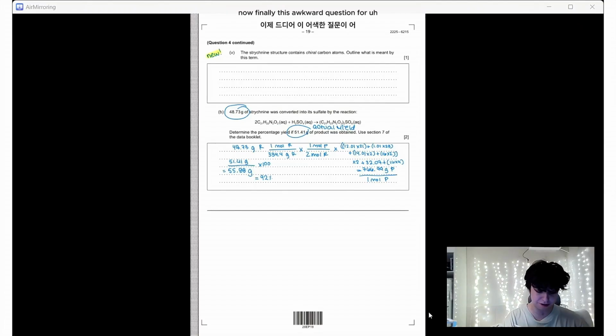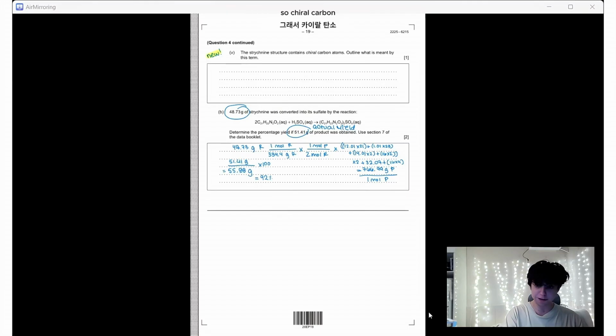Okay, now finally, this awkward question 4, AB. So it says this strychnine, I think is how you say it, structure contains chiral carbon atoms, and to outline what is meant by this term. So this is, once again, I feel like this exam compared to older exams has a lot more definition defining than usual.